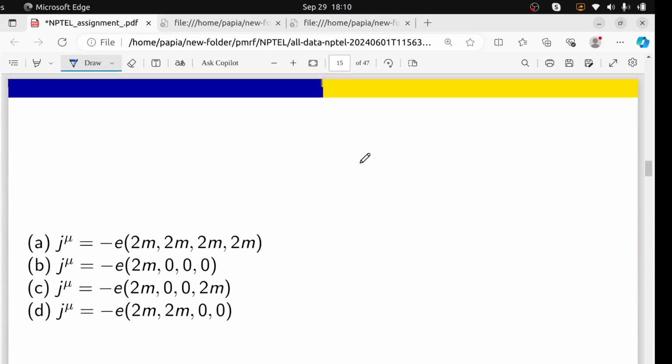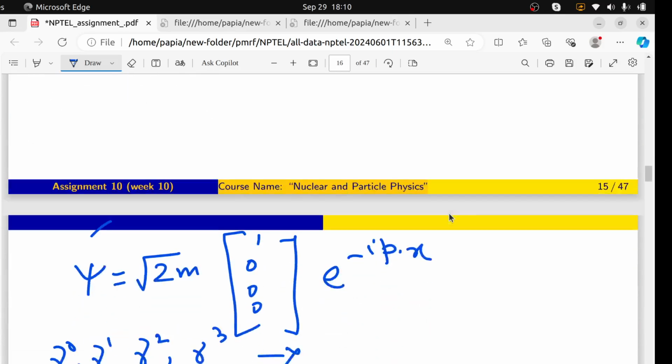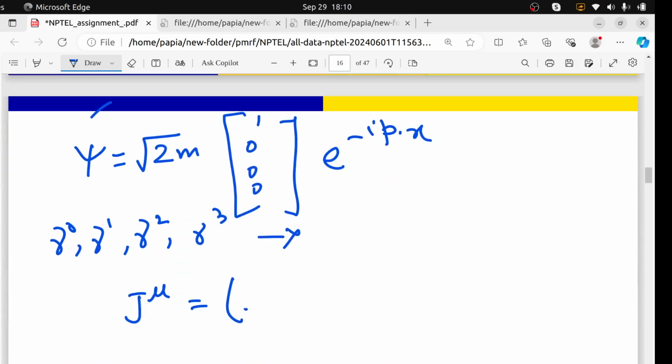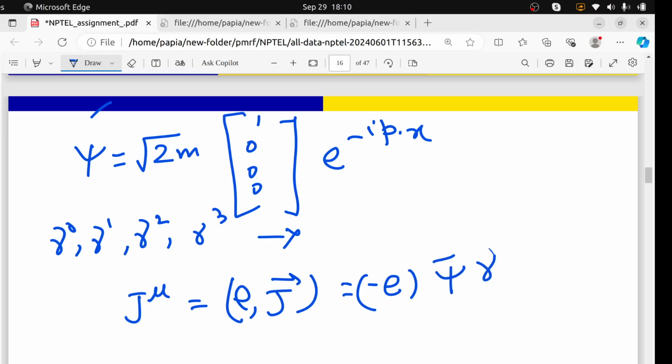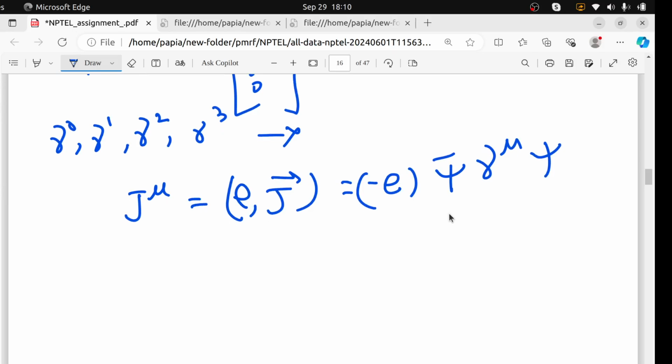They are asking what will be the value of J mu, which means rho and J. So J mu is nothing but minus E, the charge of the electron, then psi bar, gamma mu, psi. This is the current density expression. Now let me write J0 first. J0 means rho, because mu equals 0 gives rho.